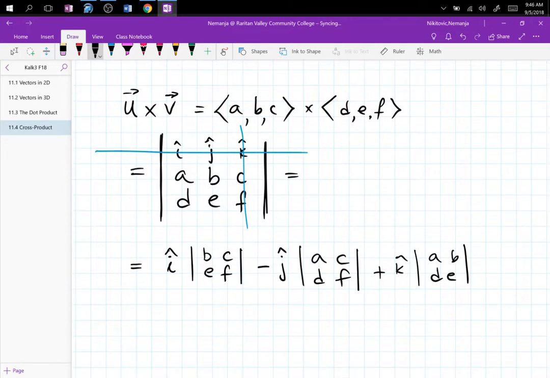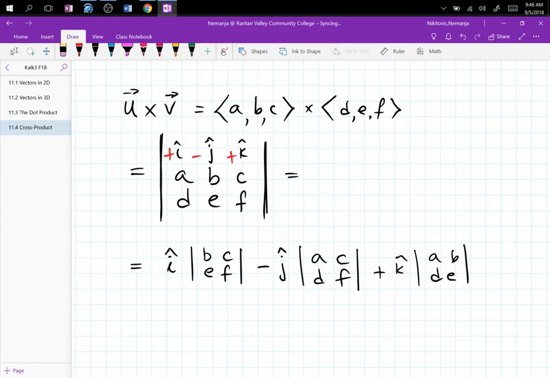So now, what we did is we created three 2 by 2 matrices. The signs that we are using are plus, minus, plus in front of I, J, K, as you can see over here: positive, negative, positive.